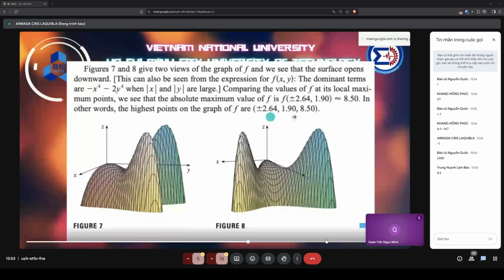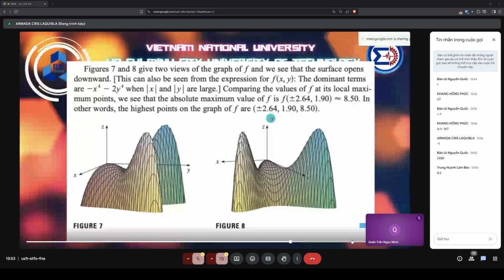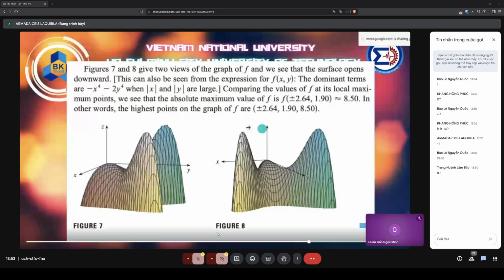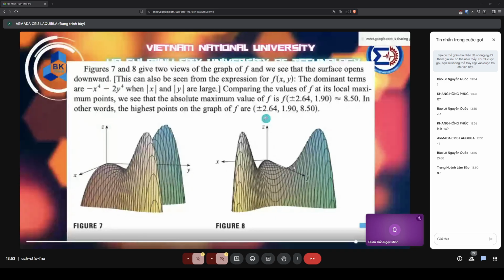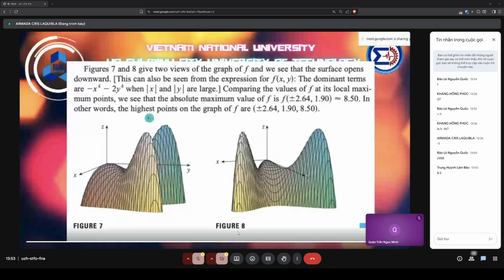So it should be 2.64, 1.9, and 8.5, including negative 2.64, 1.9, and 8.5. So you have 2 points as your highest points. If it's asking for the absolute maximum value, the answer is only 8.5. But if asking for the highest points, you have to give the coordinates.